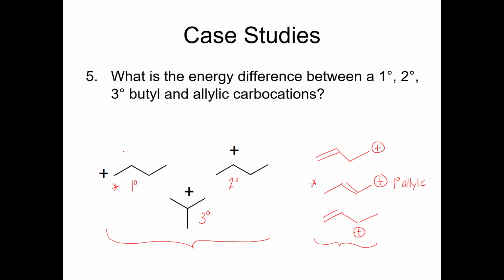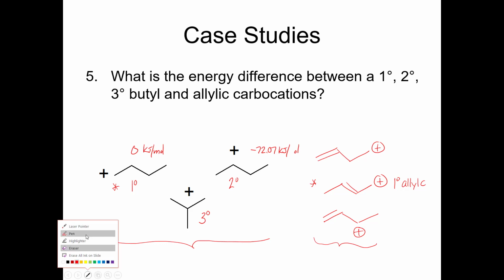Okay, so primary was, according to my chart, 0 kilojoules per mole. Secondary was minus 72.07 kilojoules per mole. I hate it when that happens. Tertiary was minus 122.40 kilojoules per mole.